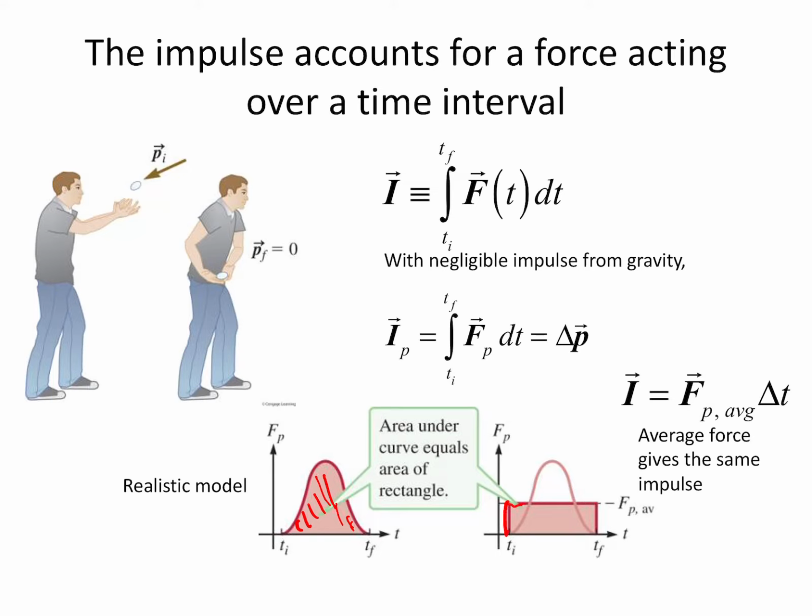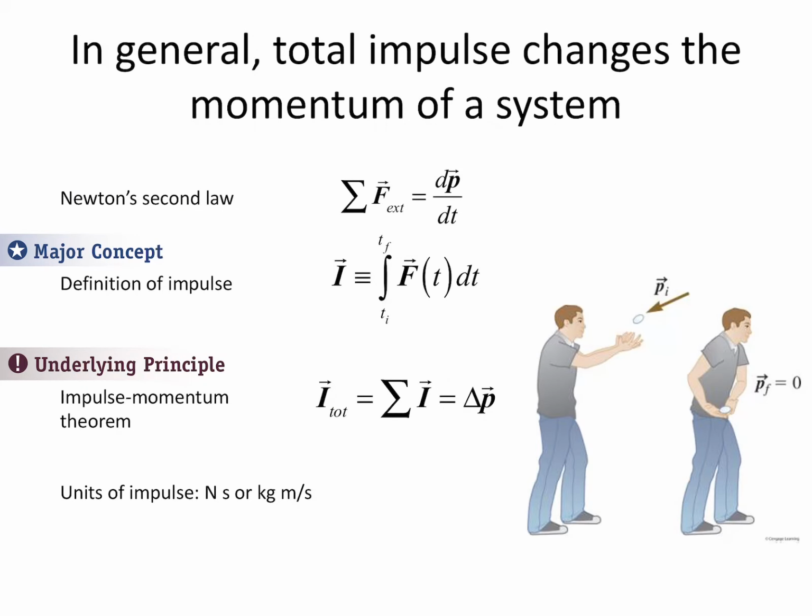As long as the area under this rectangle equals the original impulse, we call this the average force for the impulse. And this is something we can utilize in our everyday life.